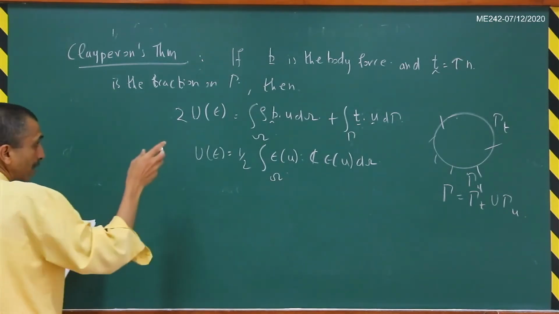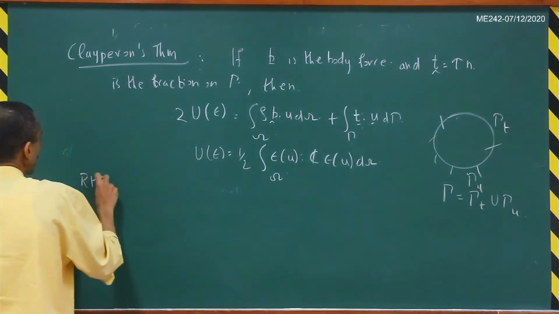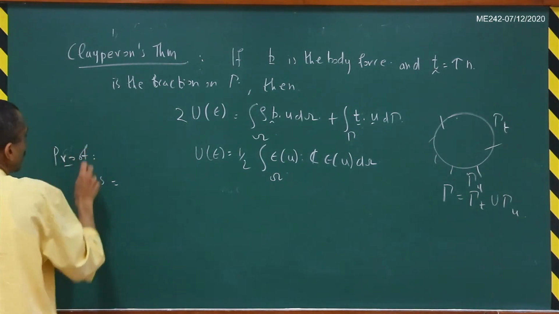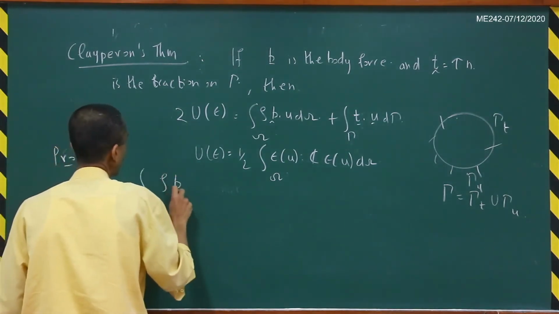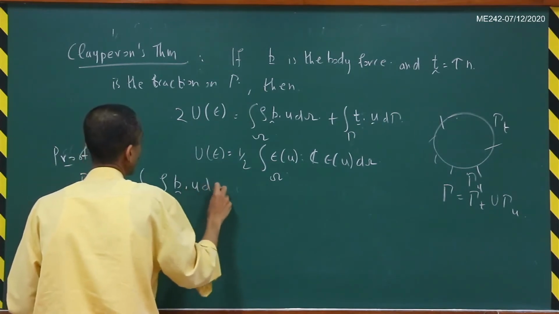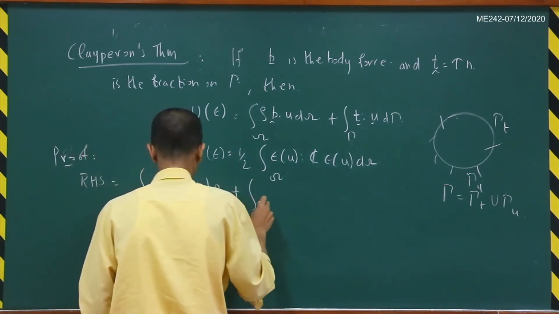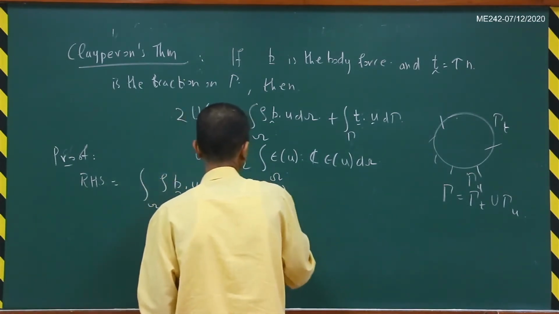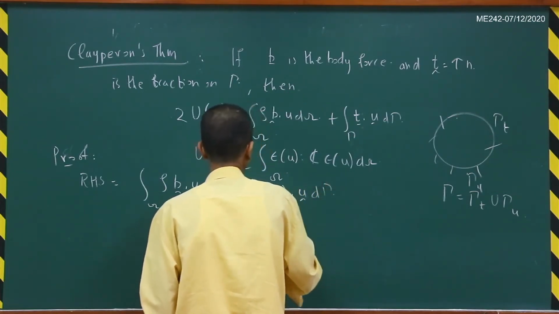So let us start with the right hand side. So RHS, the proof of this particular theorem. RHS is equal to integral of rho b dot u d omega over omega plus integral of tau n dot u d gamma over gamma.